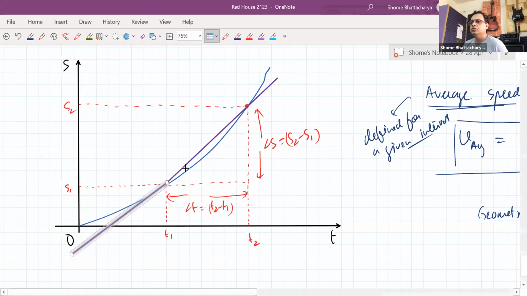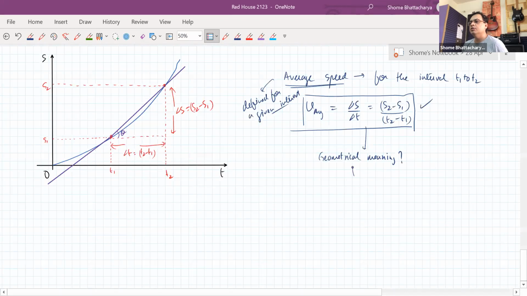This ratio of delta s by delta t represents tan theta. So the geometrical meaning of average speed, delta s by delta t, is the slope of a line, and this type of line is called a secant line. This is a new term we will learn.